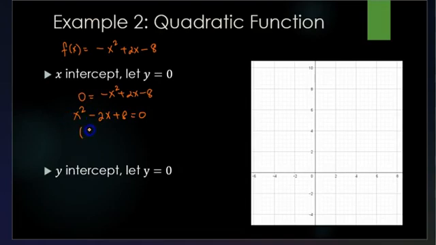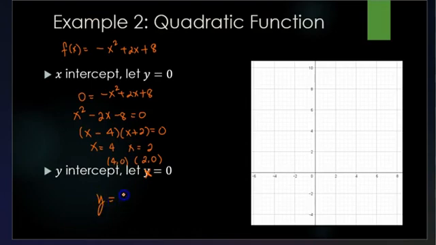This is factorable: x minus 4 and x plus 2. So your x-intercepts would be (4, 0) and (-2, 0). For your y-intercept, we let x be 0, so y is 8. Your y-intercept is (0, 8).